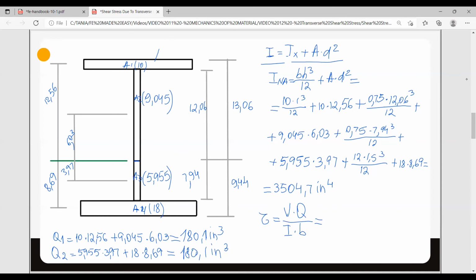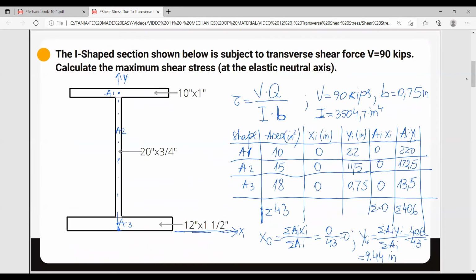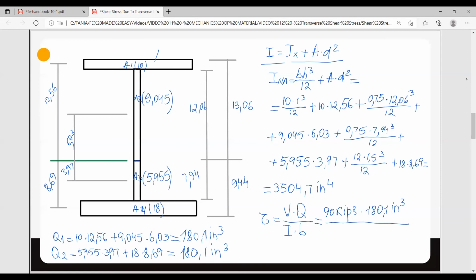The shear force in the problem is 90 kips, times Q, we have 180.1 inch to the third, over the moment of inertia, which, if you remember, is 3,504.7 inch to the 4th, times b, and b is 0.75 inches.